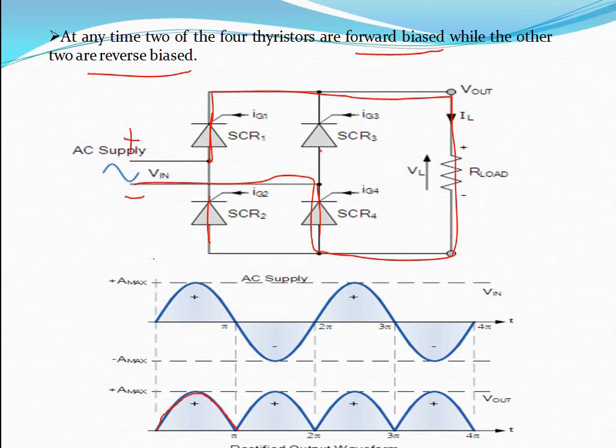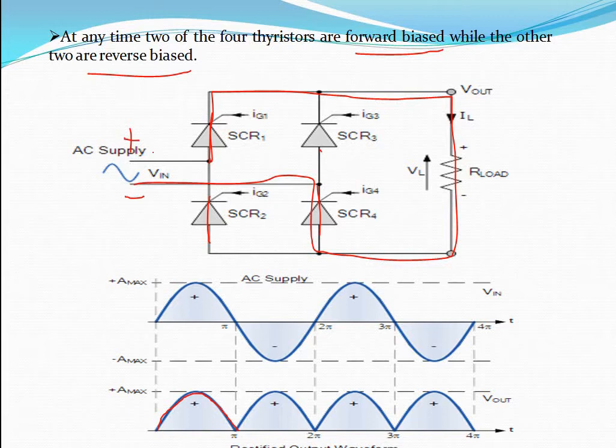Then from pi to 2 pi, for the negative half cycle, thyristors 3 and 2 will conduct, meaning they are forward biased, while the other 2, 1 and 4, are reverse biased.